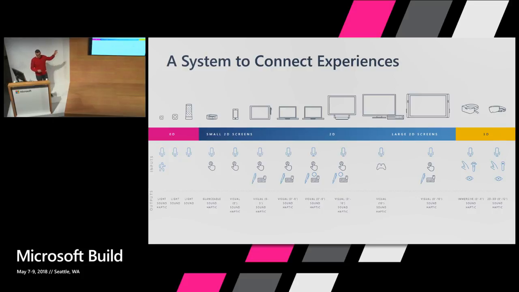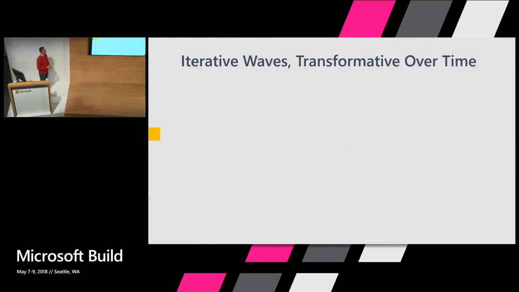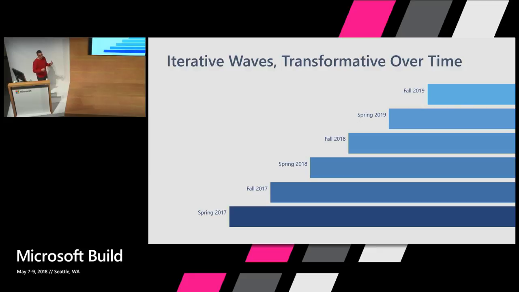And to be clear, while Fluent doesn't have a solution for all these touch points today, it is really the goal for us on the Fluent journey that we embarked upon last year to continue to evolve the system with every release to start to lead and bring our customers and developers to all these different touch points. So we plan for Fluent to come in these iterative waves.